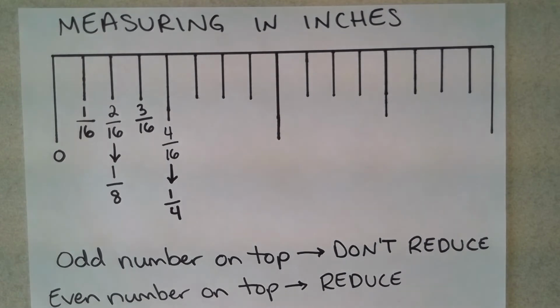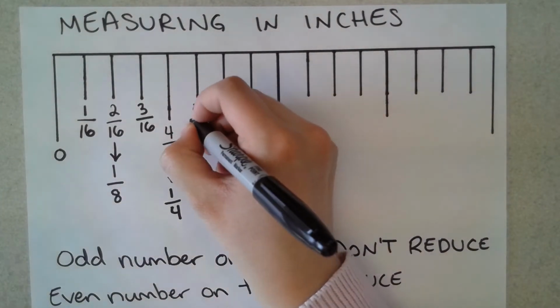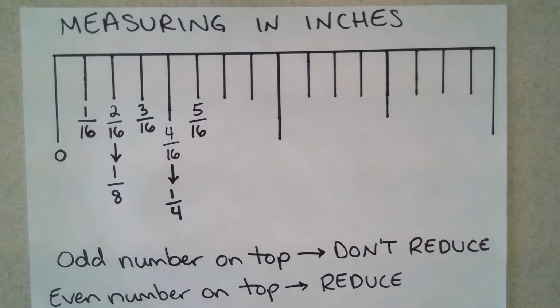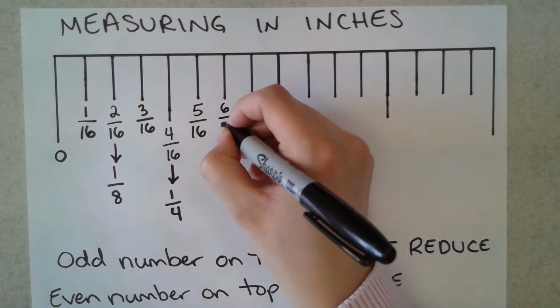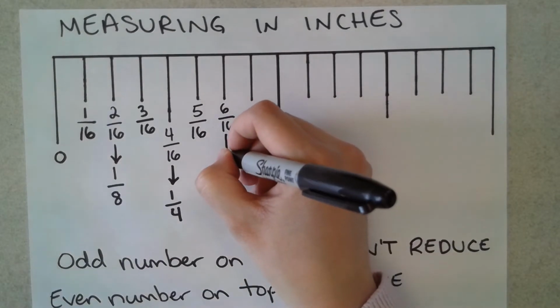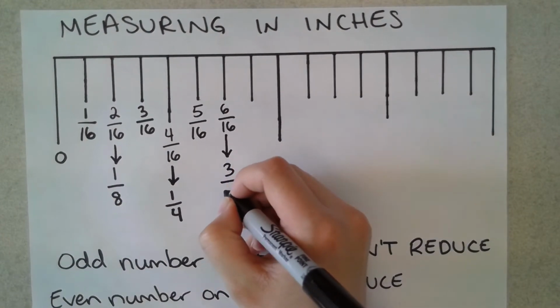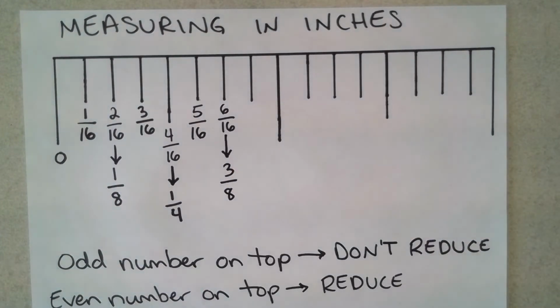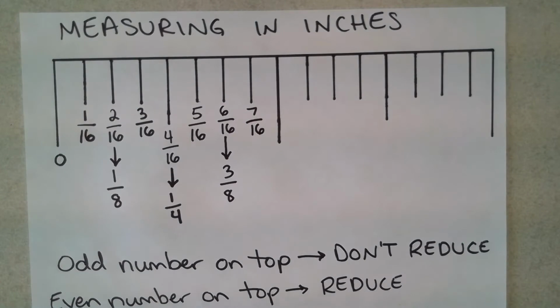Alright, from there we have 5 over 16, that one stays the same. 6 over 16, that can be reduced. We're going to divide by 2, and we're going to get 3/8 for that one. Alright, next one is 7 over 16, stays the same.